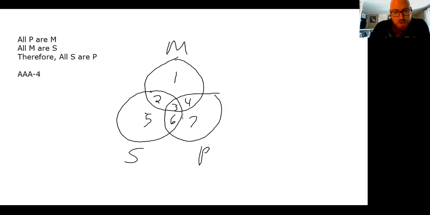Anything in region 3 and region 4 is both a P and an M. But anything in region 6 is a P but not an M, and anything in region 7 is a P but not an M. Since this premise says that all P are M, that tells me that region 6 and 7 are empty.